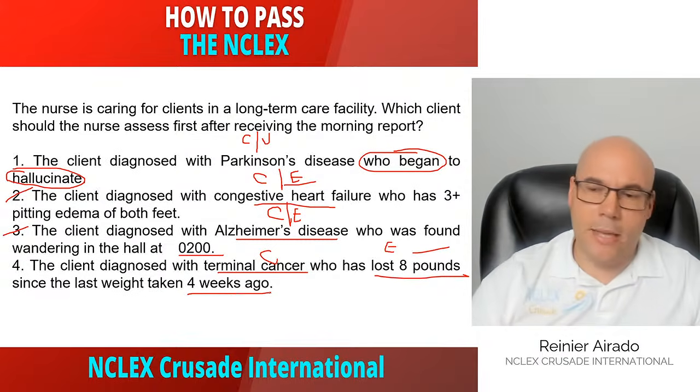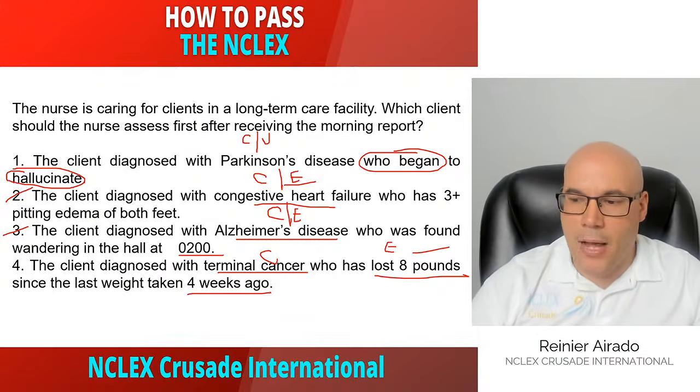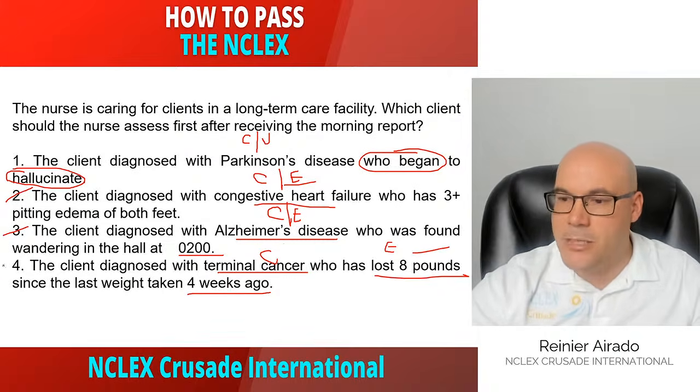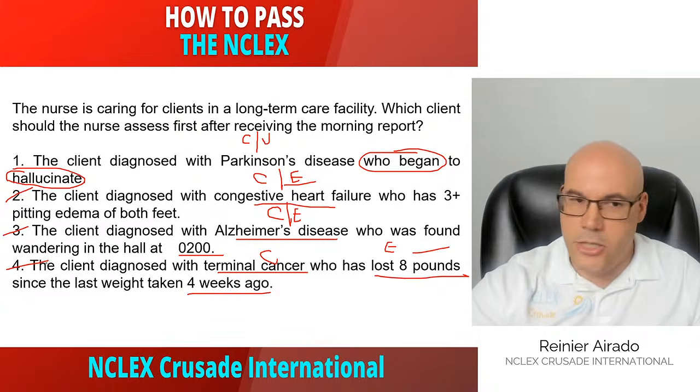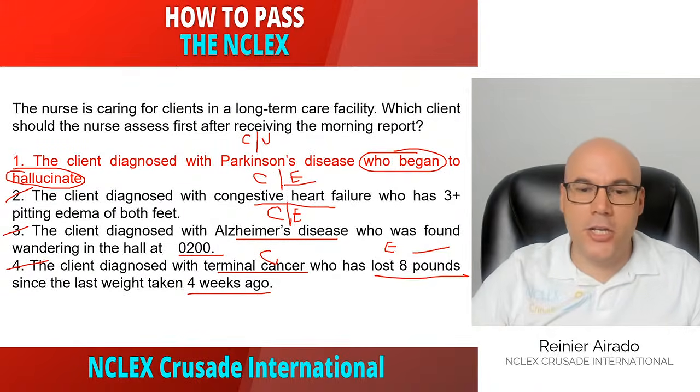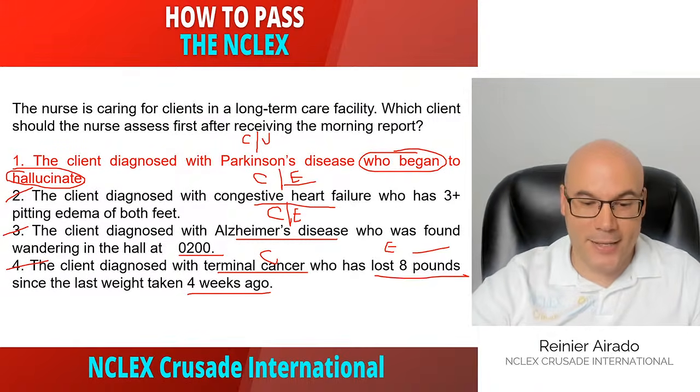In other words, the patient has lost 8 pounds in 4 weeks. Well, answer number 4 is chronic expected. That does not represent a priority over a patient with Parkinson's disease who began changing condition to hallucinate.